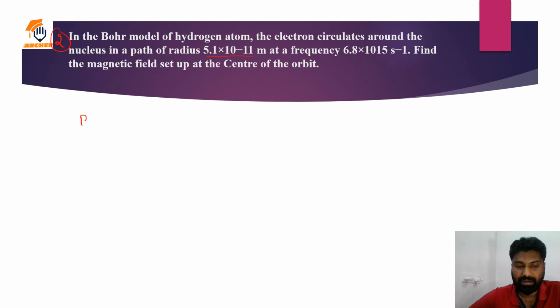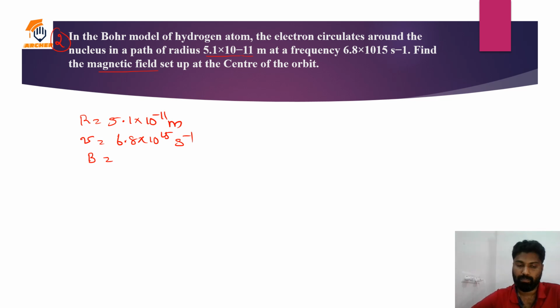So the radius is given, r = 5.1 × 10^-11 m, at a frequency ν = 6.8 × 10^15 s^-1. We need to find the magnetic field B at the center of the orbit.